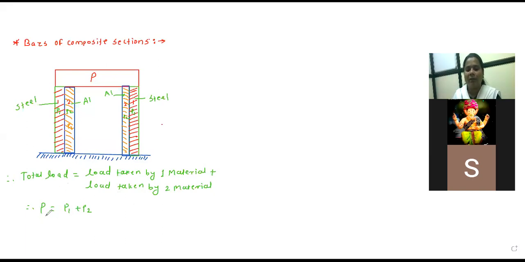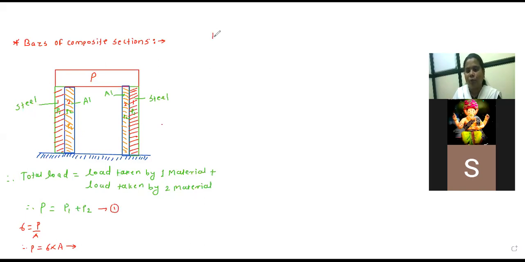Already one basic formula you know, that stress is equal to force upon area. From this formula, P is equal to sigma into A. Now we will use this basic formula in this equation, suppose this is our first equation.